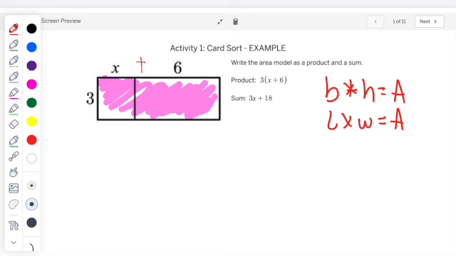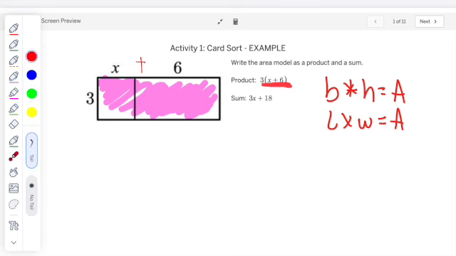So what I need to do is first write down for the product piece of it, my length and then my width, or base and height. And that's what they've done right here.